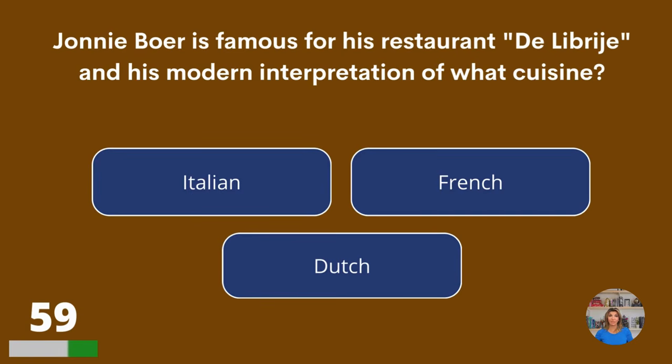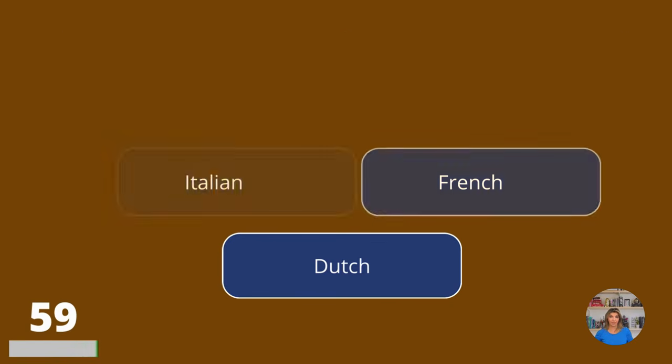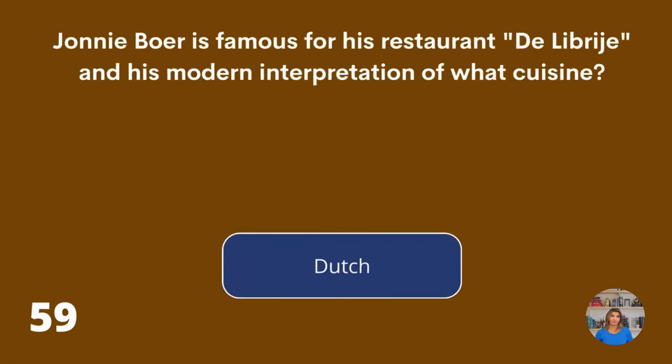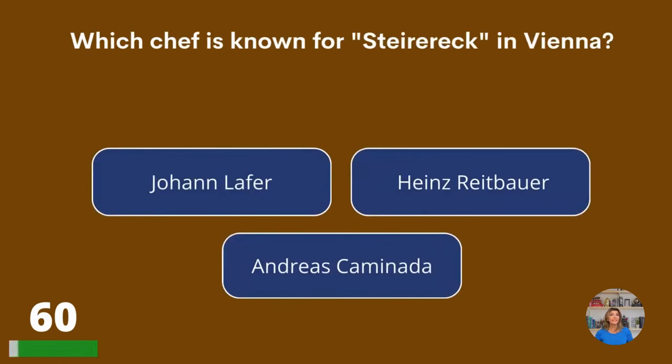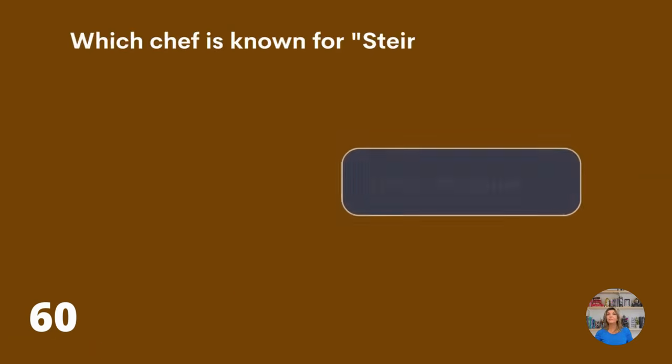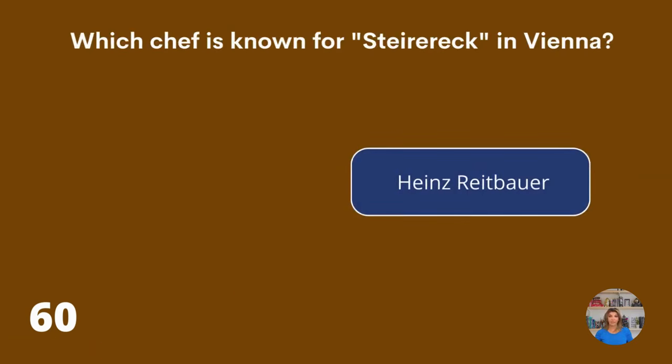Italian, French, or Dutch? Dutch. Which chef is known for Stirrerek in Vienna? Johann Lafer, Heinz Reitbauer, or Andreas Caminada? Heinz Reitbauer.